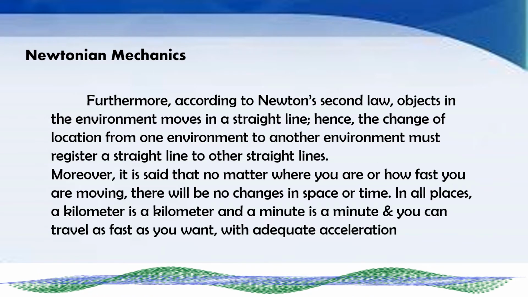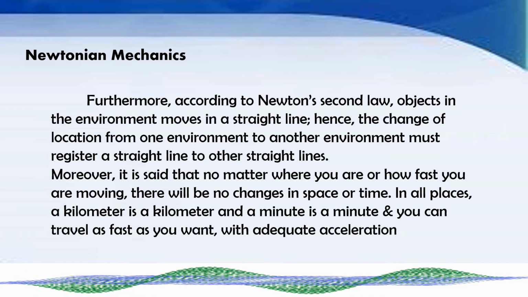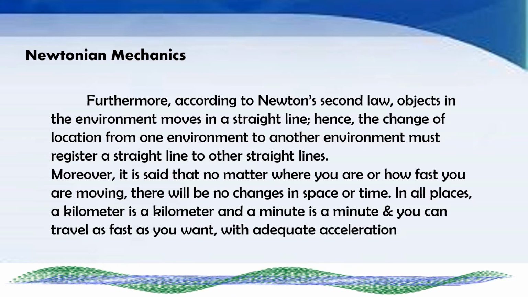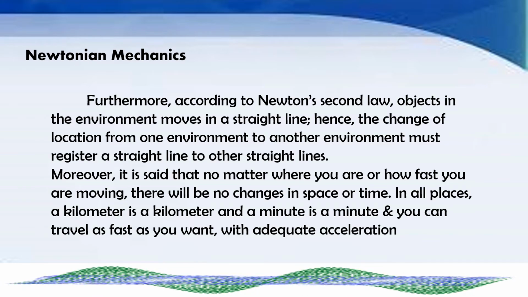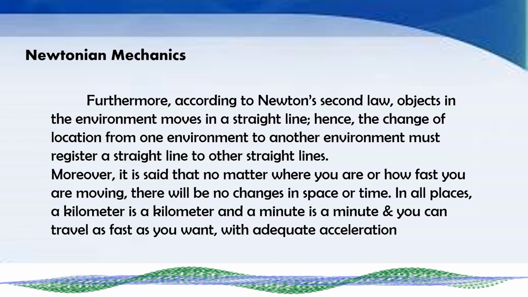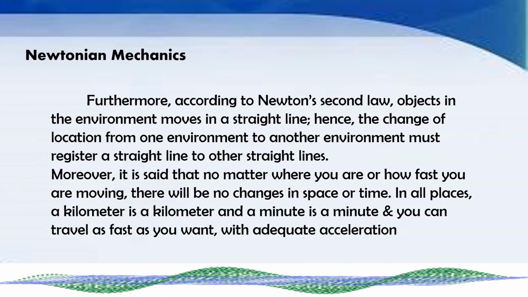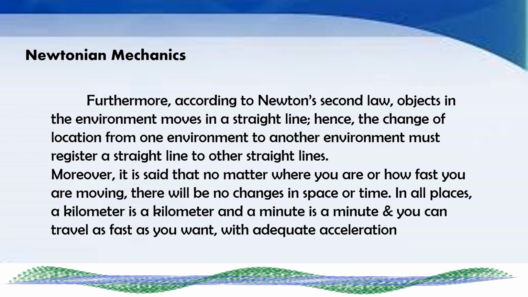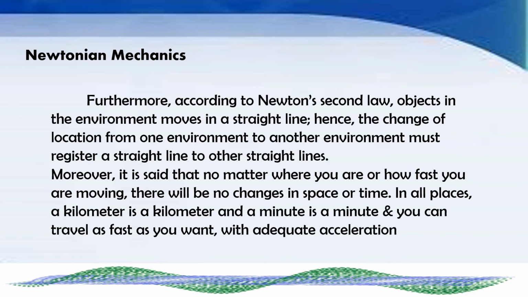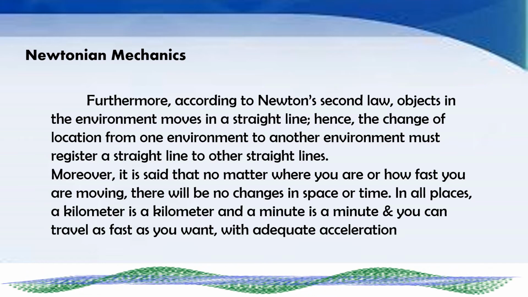Furthermore, according to Newton's second law, objects in the environment move in a straight line. Hence, the change of location from one environment to another environment must register a straight line to other straight lines.